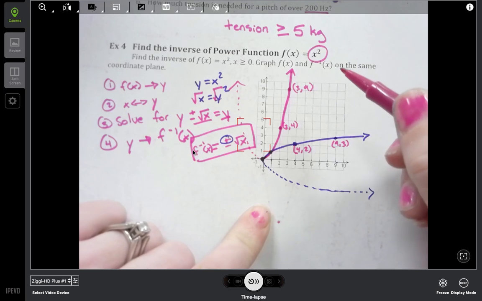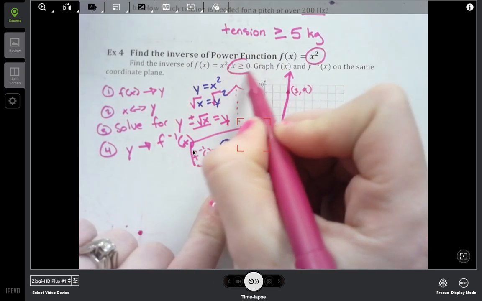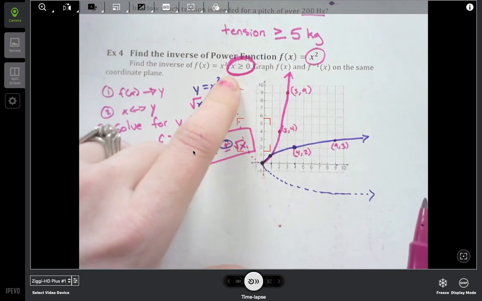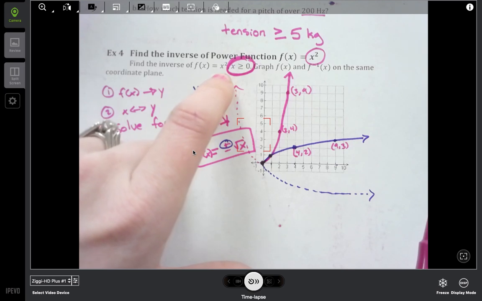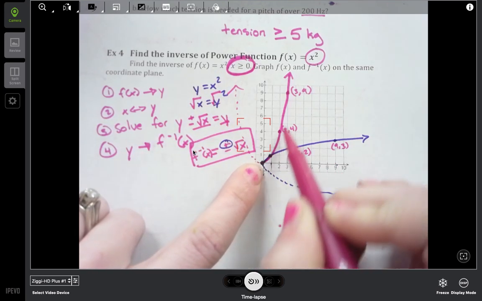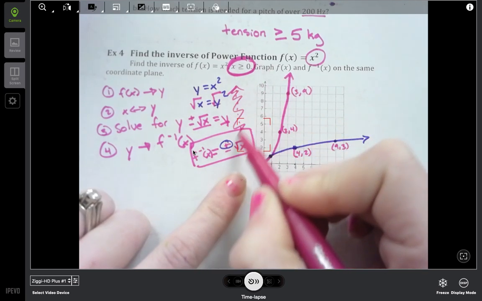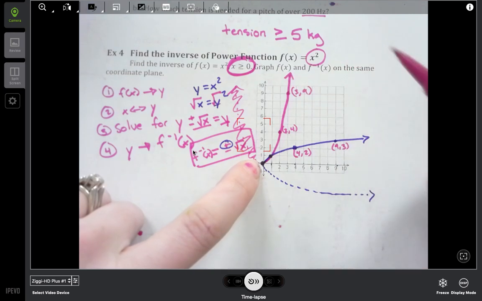Okay, now, the reason why I put these as dotted lines here is because of this: x is greater than or equal to 0. So when they have us graph the x squared, they only want us to graph where x is greater than or equal to 0. x is negative back over here on this side, so we're going to ignore that side of the parabola.